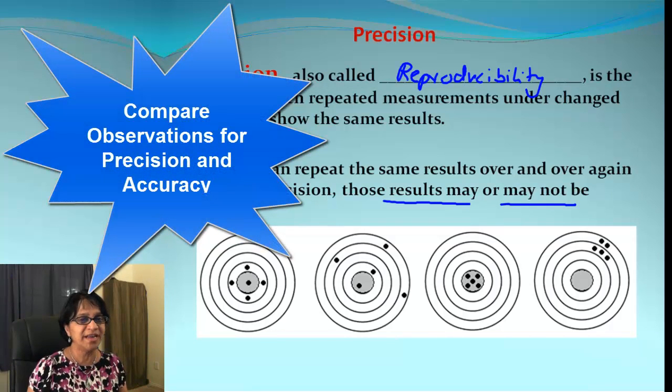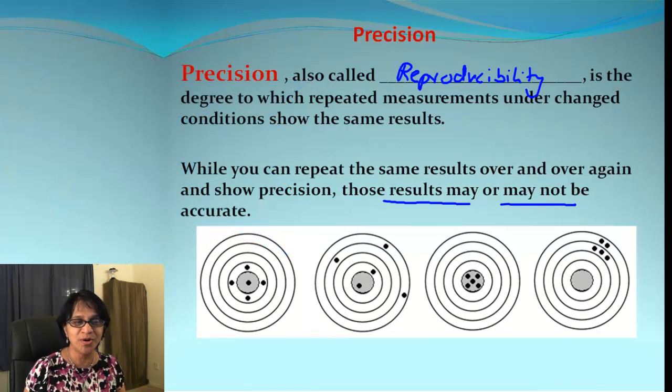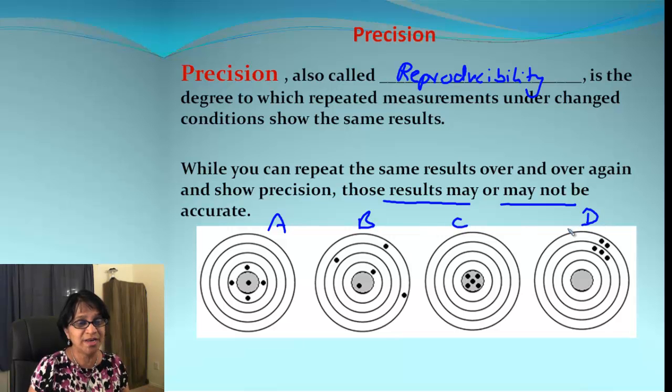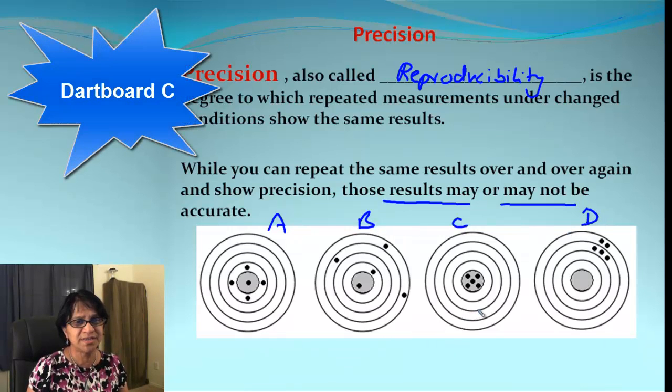Now look carefully at these four figures. Suppose we are doing an experiment with a dartboard and we have 5 darts and our goal is to hit the bullseye. Are we successful every time? No. But if you label these as A, B, C and D, you can clearly see in figure C, all those darts are in the center.